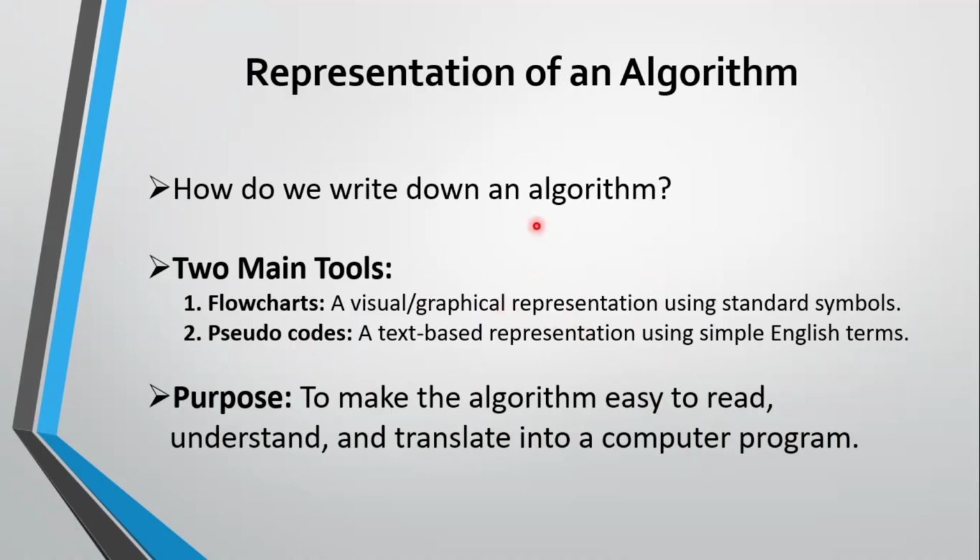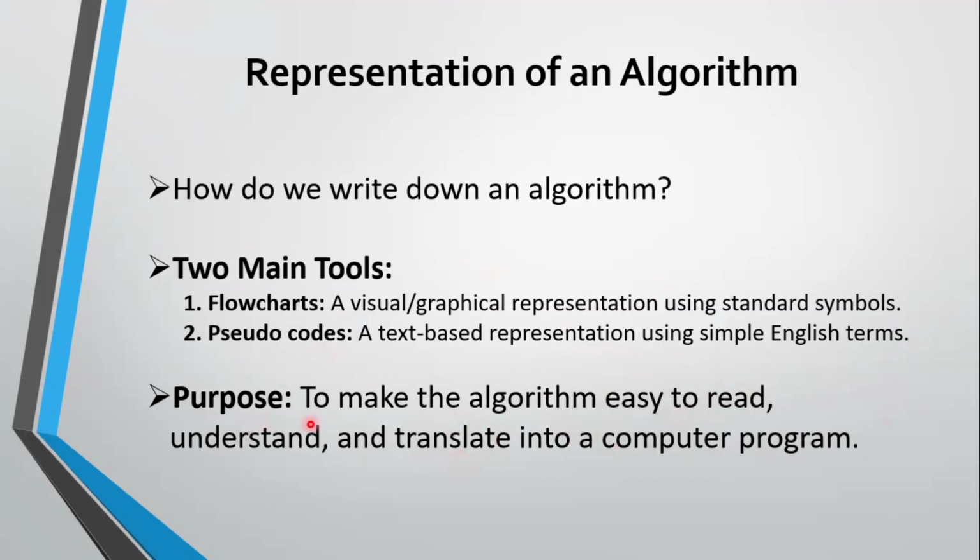In computer science, we use two main tools: flowcharts, which are like visual maps, and pseudocodes, which are simple English instructions, right? So today we will learn how to use both.